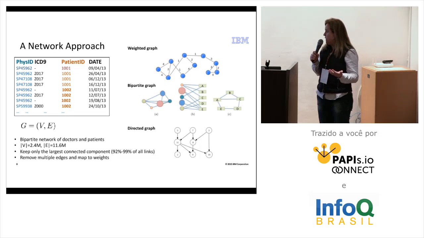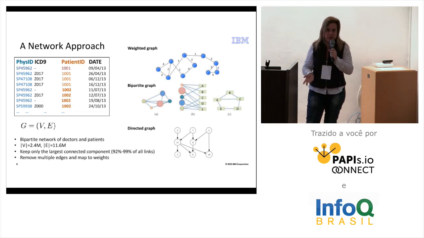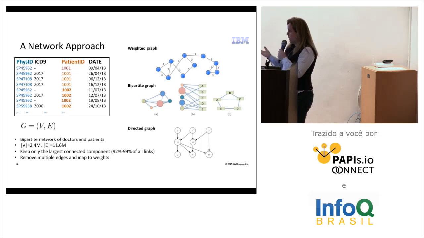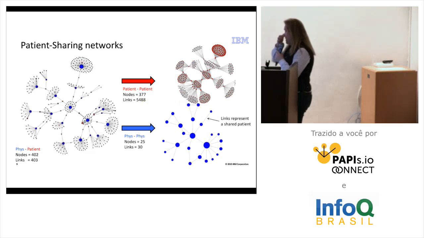We can have a weighted graph, a bipartite graph, or a directed graph. We created a physician-patient graph with 2.24 million nodes and 11.6 million edges. We kept the largest connected component, which had between 92 and 99% of all links, and we removed multiple edges and mapped them to weights. This is more or less an example.